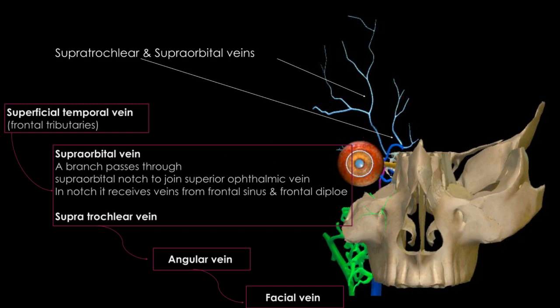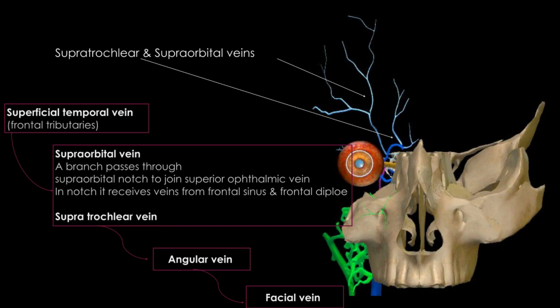So a branch of the supraorbital vein passes through the supraorbital notch, which is somewhere here, to join the superior ophthalmic vein. We will come to the superior ophthalmic vein shortly. In this notch region, it also receives blood from the frontal sinus as well as the frontal diploe.